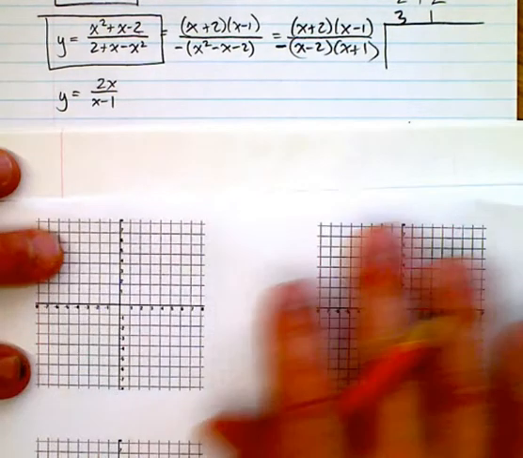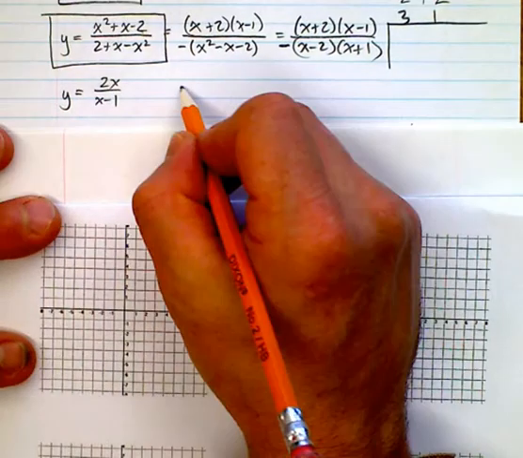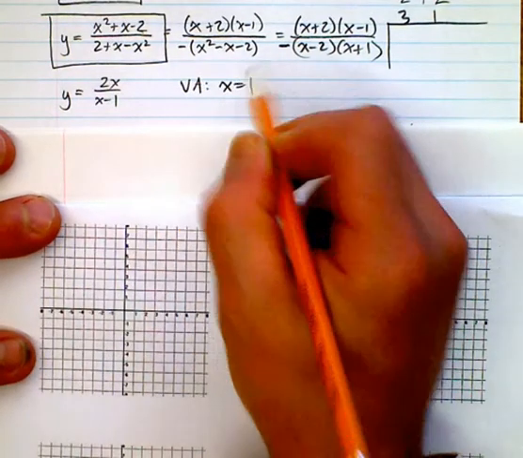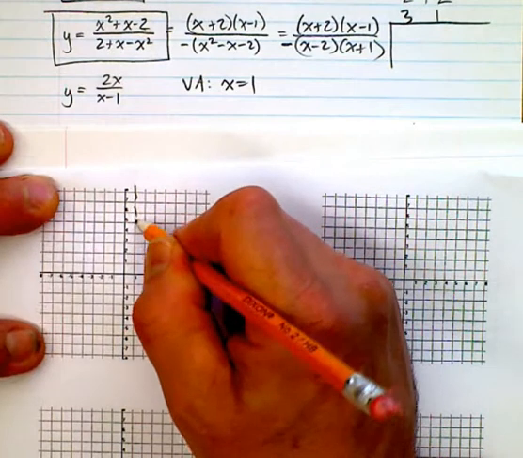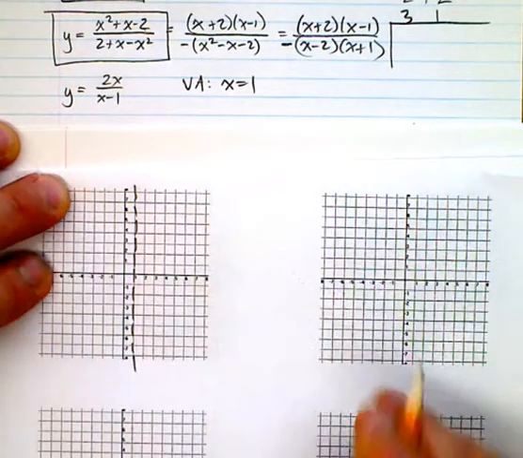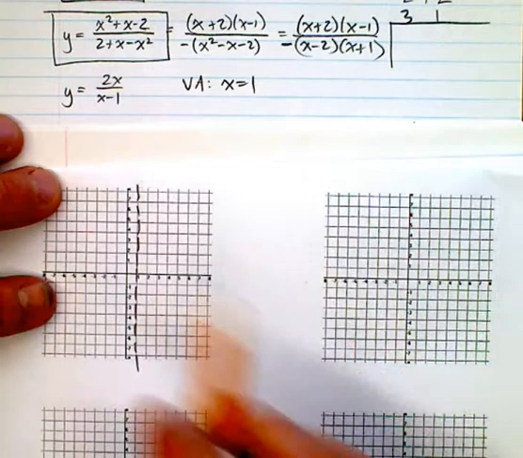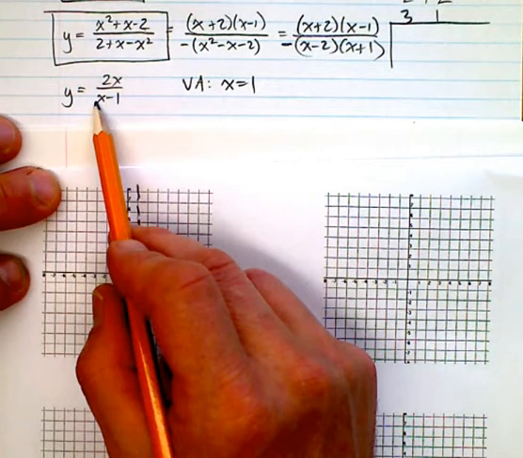So you can see right away that your vertical asymptote is at x equals 1. So there's my vertical asymptote. Okay, these are the same degree.